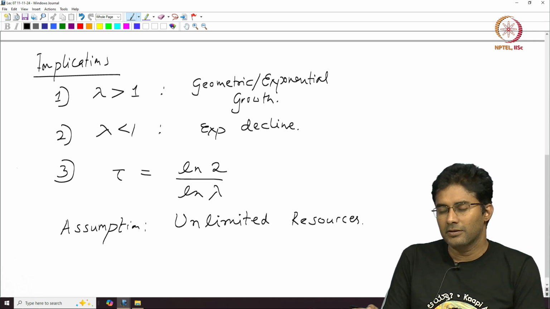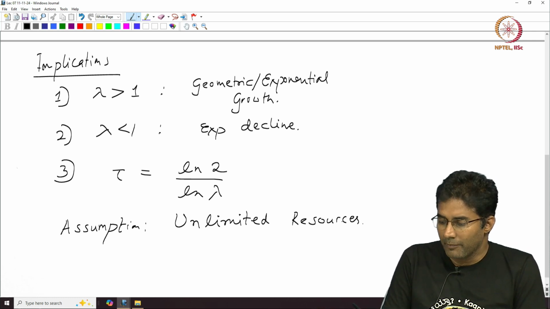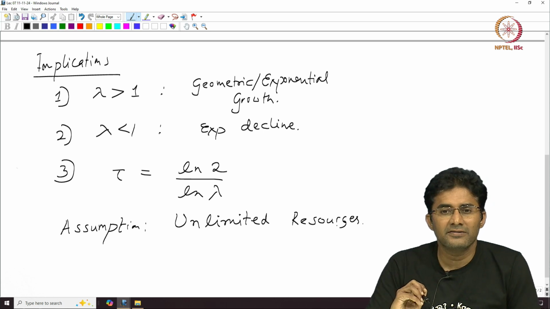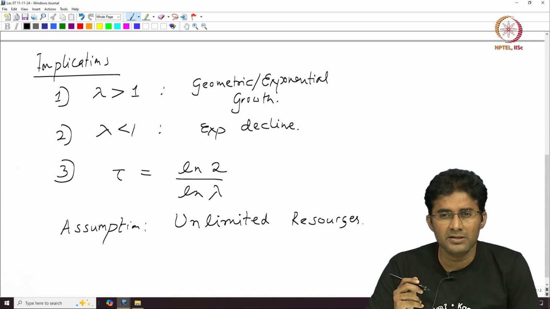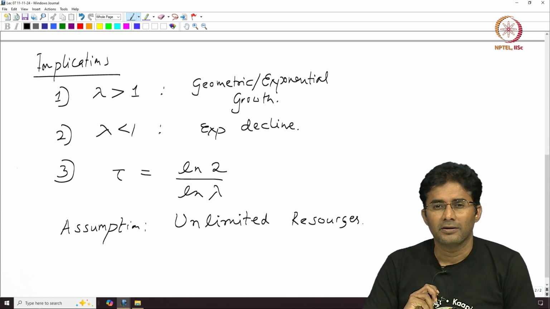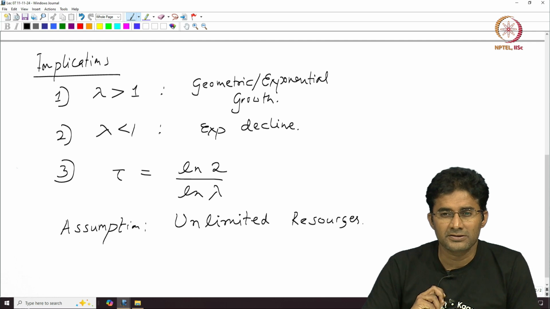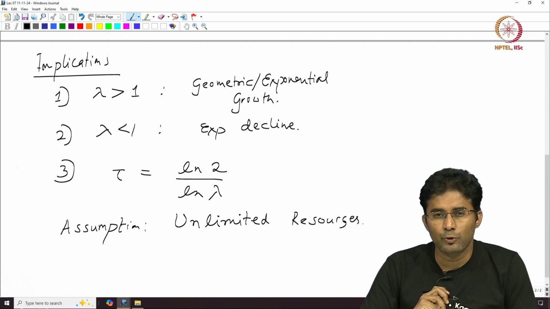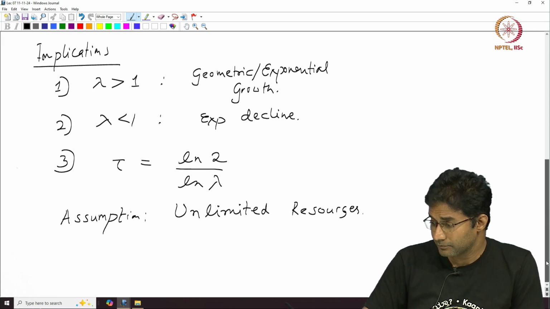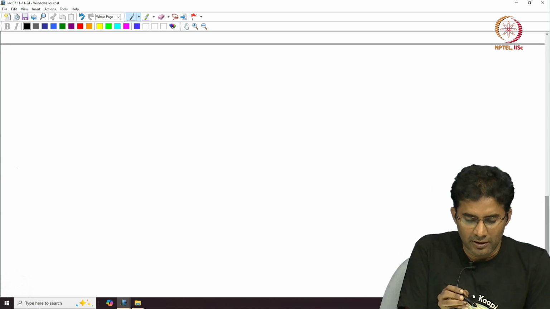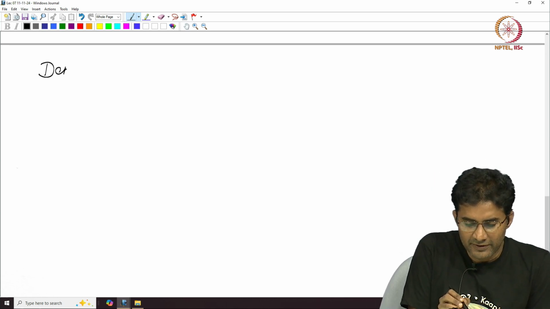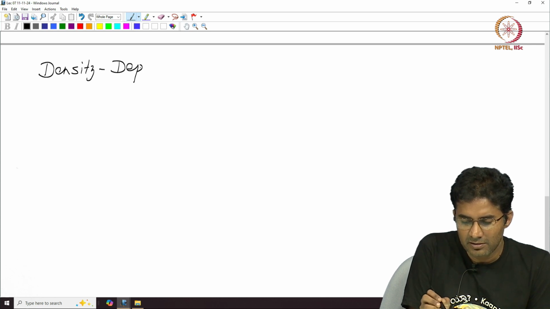The moment this assumption is not right, the populations will not obey this equation, and therefore the outcome that the population is increasing exponentially will not be true anymore, right. And so that gave us the general concept of density dependence.